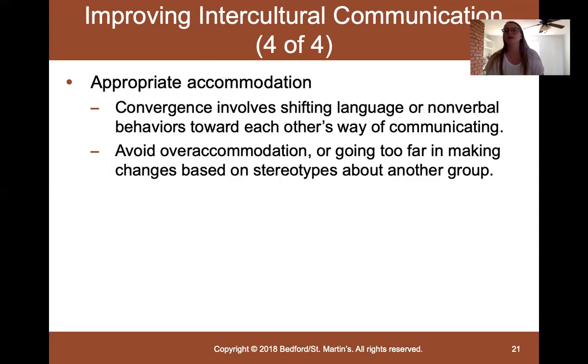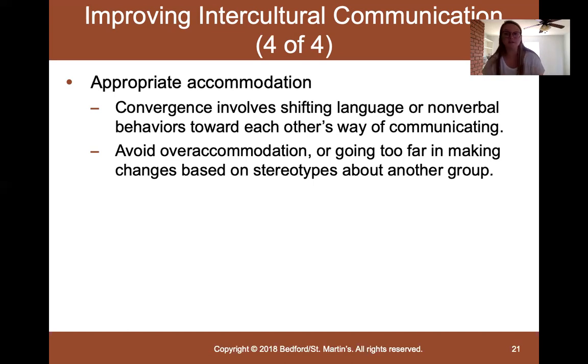An example of over accommodation would be if you see an elderly person on the side of the road and you just assume that they have bad hearing because they're elderly and you start yelling at them. Don't do that. Don't be like, "Hi, do you need help?" Interact with them like a person, meet them where they're at, avoid over accommodation.